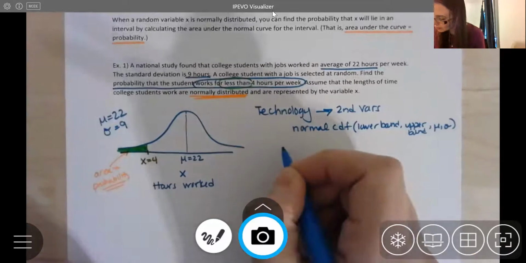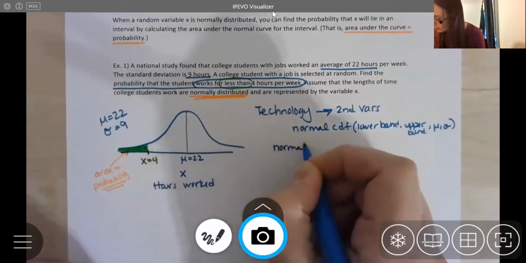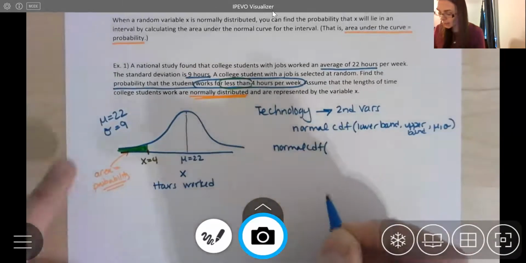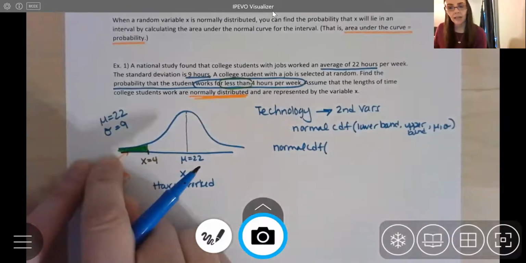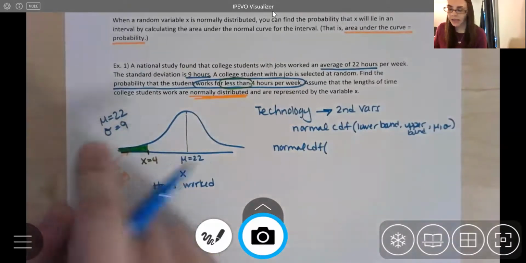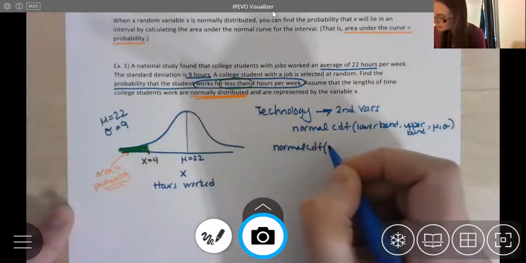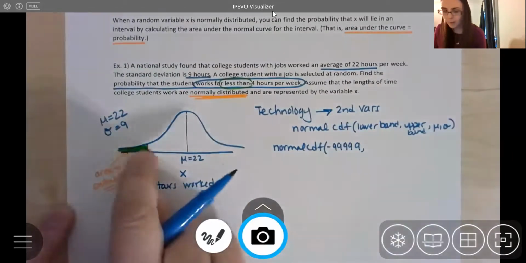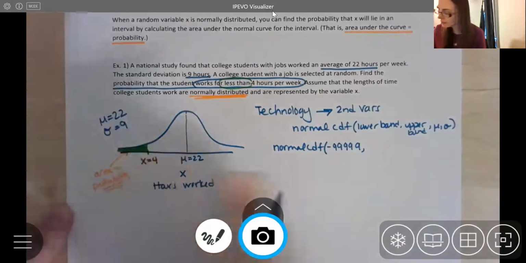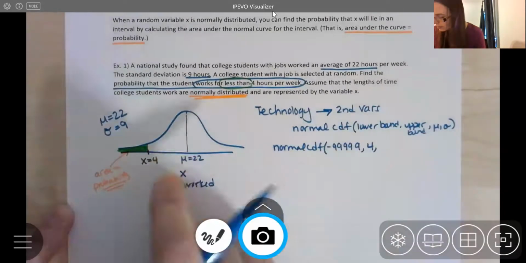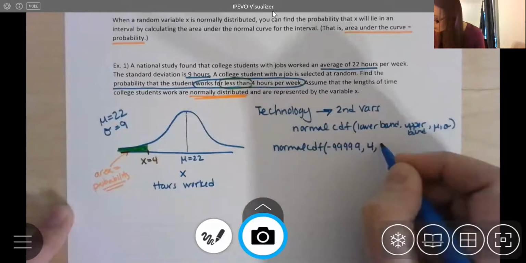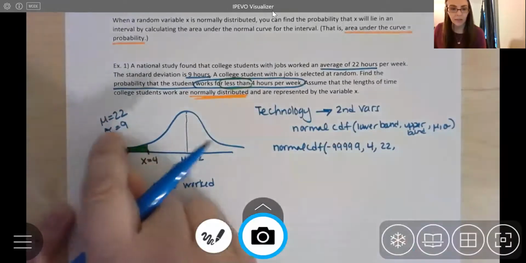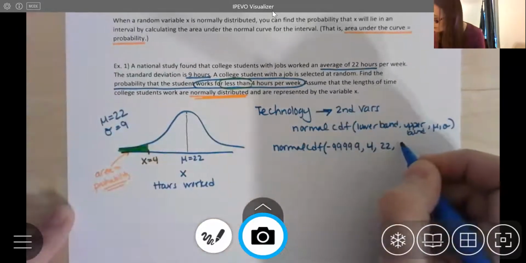So in this example here, right, now my lower bound would be negative 99999, right, because it's going to keep going to the left. There's no cutoff there. My upper bound for the shading is at 4. My mean is 22. And my standard deviation is 9.